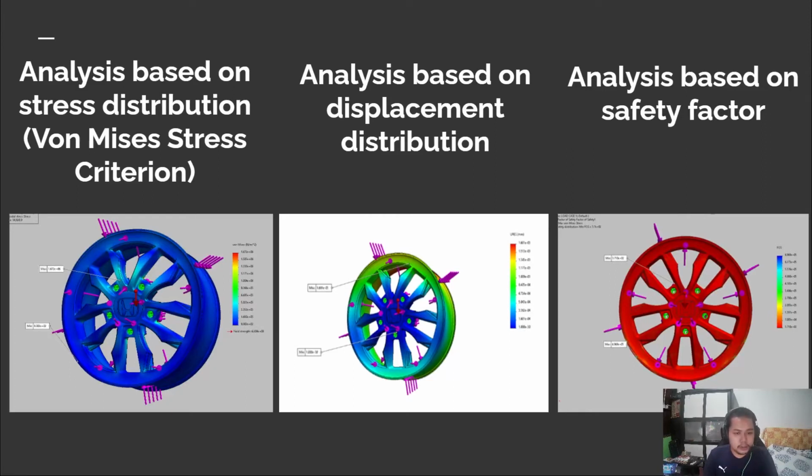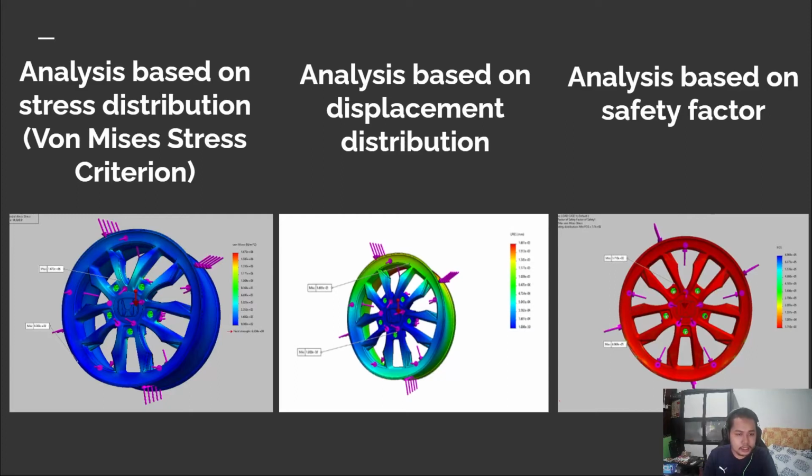The maximum displacement is on the top right of the rim, with 1.681 millimeter. Since the displacement is not really high, the tire can still maintain its shape when the loads are acting on it.